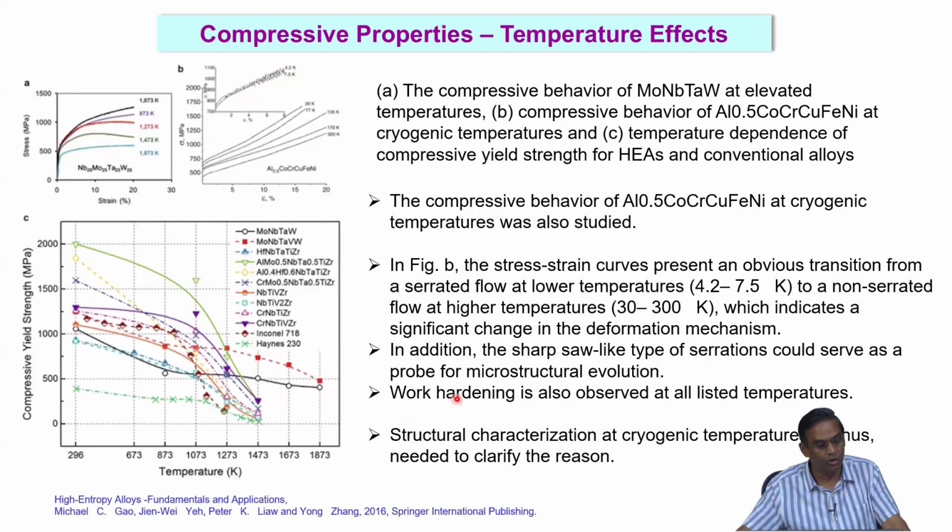That means the dislocation activity is also on at all the temperatures. So in order to get the complete details about this structure property correlation, you need to have a thorough microstructural study to clarify how these things happen.